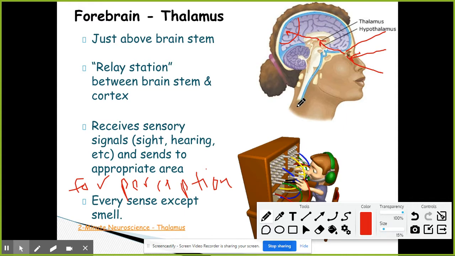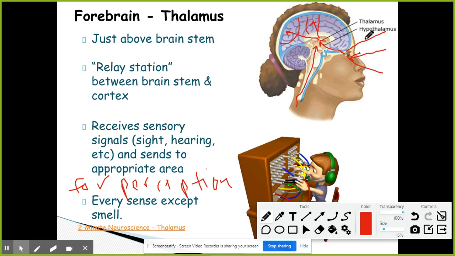Same thing with touch. Somebody burns themselves, the signal gets sent up the spinal cord, up the brainstem to the thalamus, and then the thalamus sends it right around here, what is called the somatosensory cortex, which is where we perceive touch.